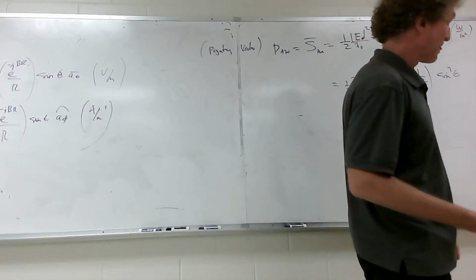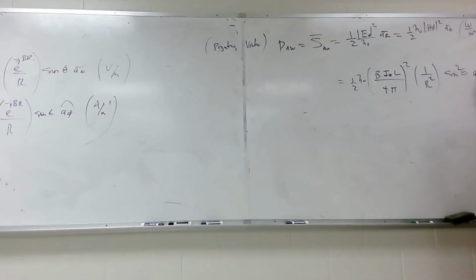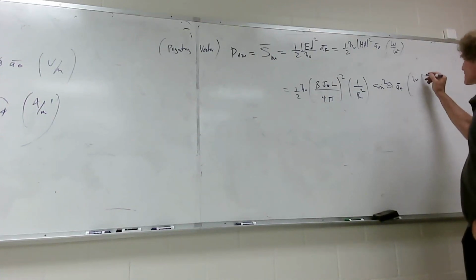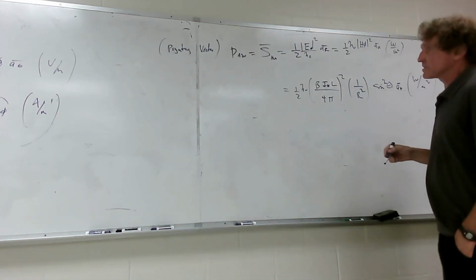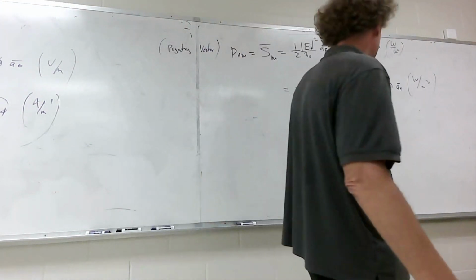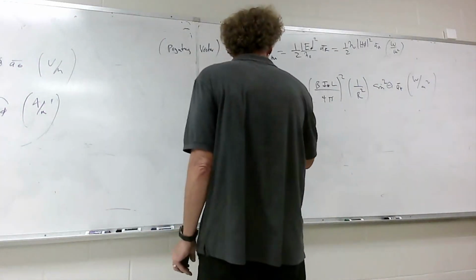Trust me, it does work. Come over here now. The next thing I'm going to do is say, this is in the a R direction. And the units are watts per meter squared. So if you look at this thing, the average power density, you can see it's a function of sine squared. And this is the average power density.